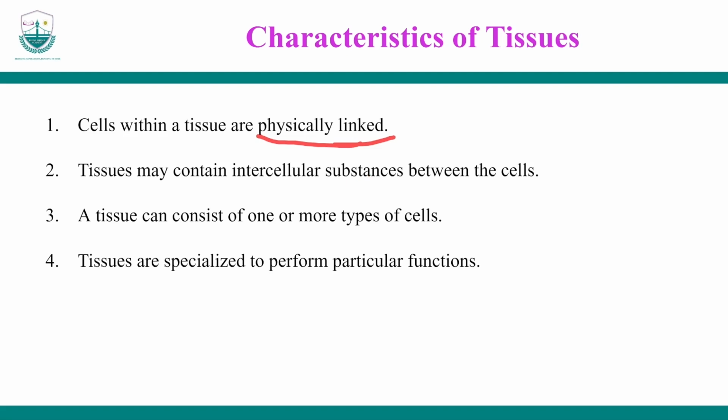You can have a tissue that has more than one type of cell. We look at, for example, the nervous tissue. We'll look at neurons, but we'll also look at things like the neuroglia, or glial cells. These are different cells within the nervous tissue. So that is point number 3. And then the obvious point, which is that tissues perform a particular function, which we derive from the definition that we had earlier on.